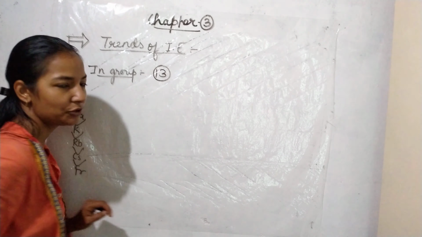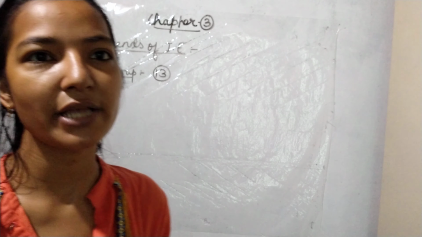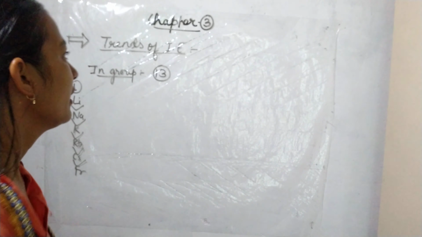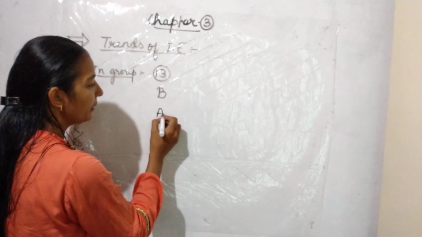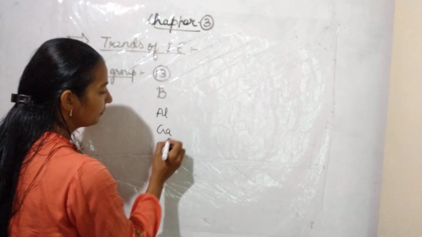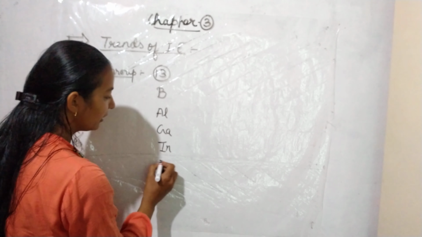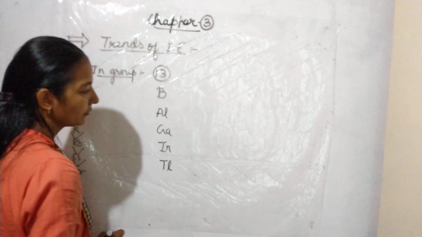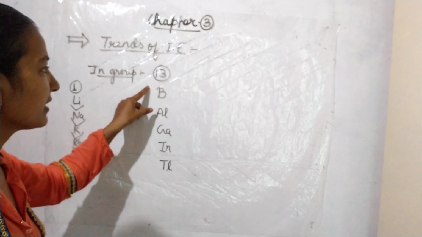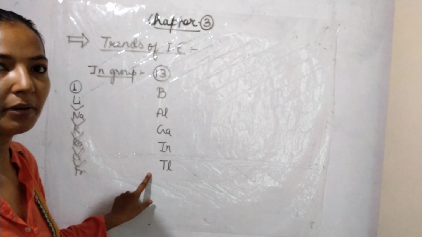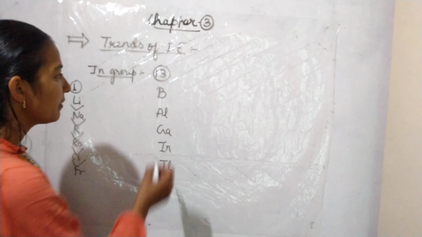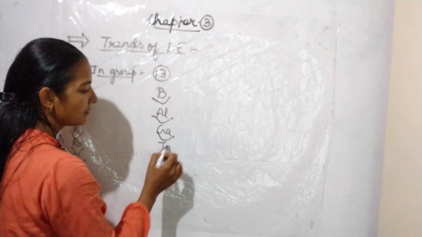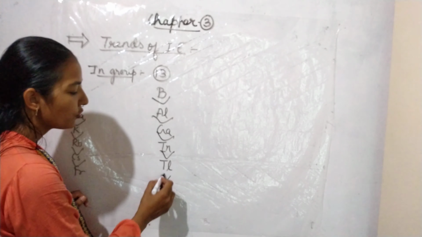This is the exception. Group number 13 and 14 show exceptions, and those are important. Group number 13 is boron, aluminium, gallium, indium, thallium. These are the elements of group number 13. The expected order of ionization energy would be decreasing from top to bottom, but it is quite wrong.